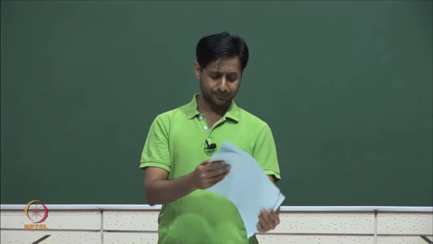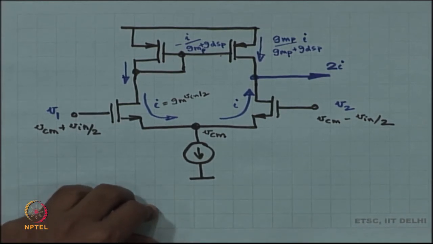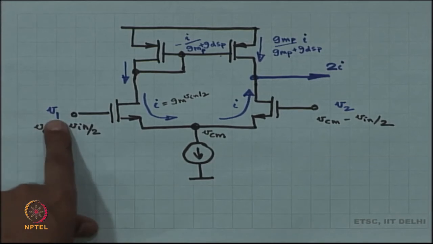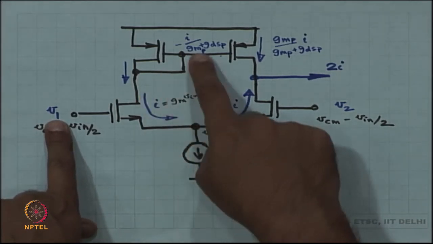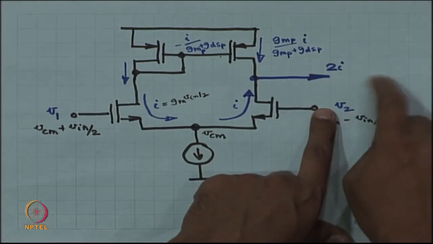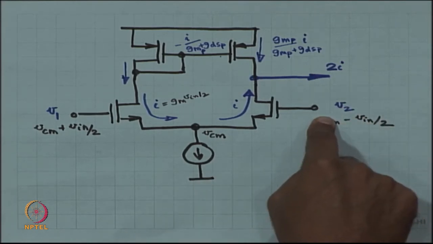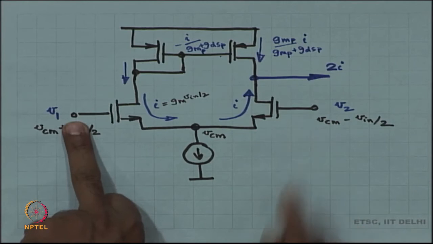So, this is the idea of the self biased active load differential amplifier. This is what we did, right. We wanted to do a brute force method. So, in the brute force method we applied V1, found out the short circuit current over here, applied V2, found out the short circuit current over here. We did not really, we actually only did V2, we did not really do V1, right.